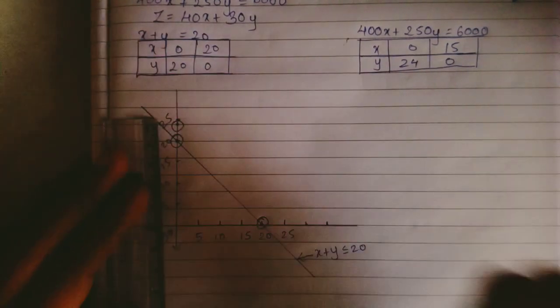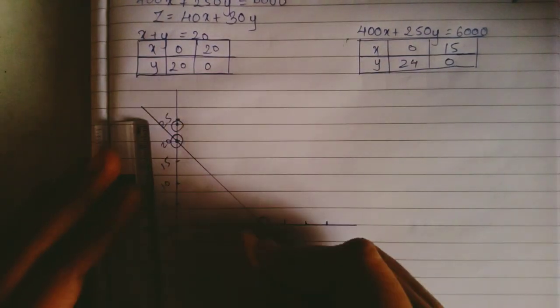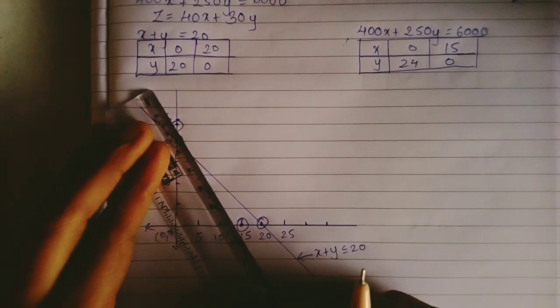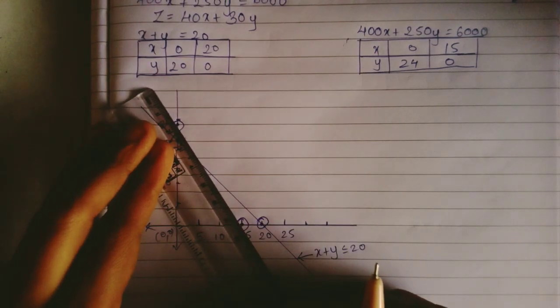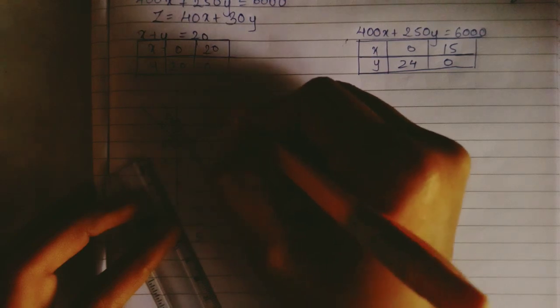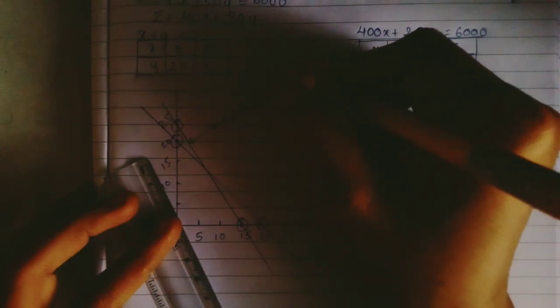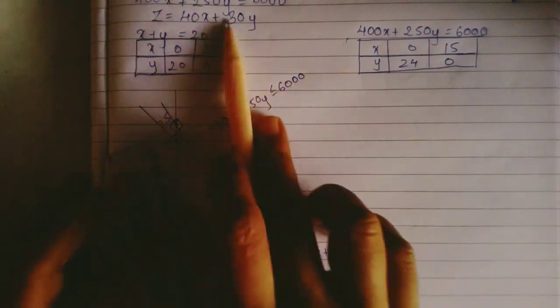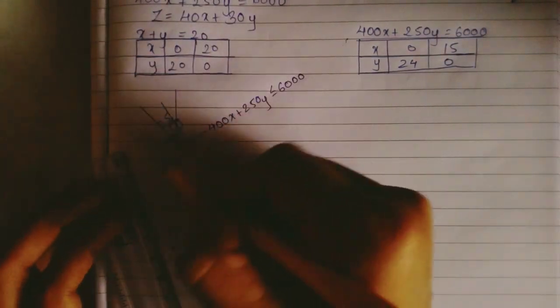So here, and 15. Okay, so this is your 400x plus 250y less than or equal to 6000. Now this is less than or equal to, so the lower part.